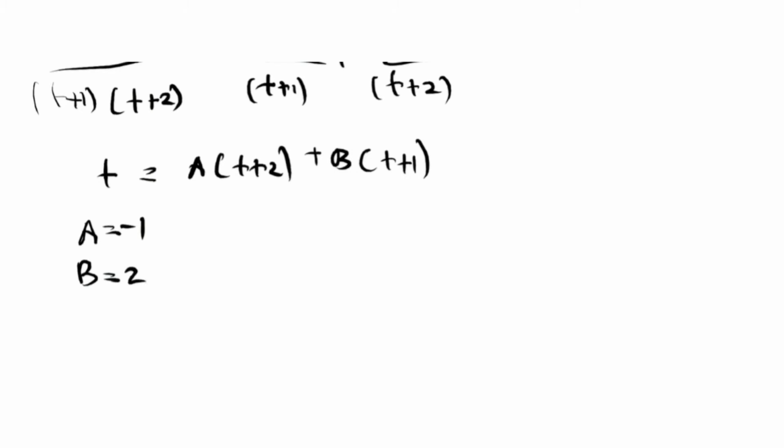All you have to do is put t equals -1, then t equals -2, and find a and b. So finally you will be left with this.